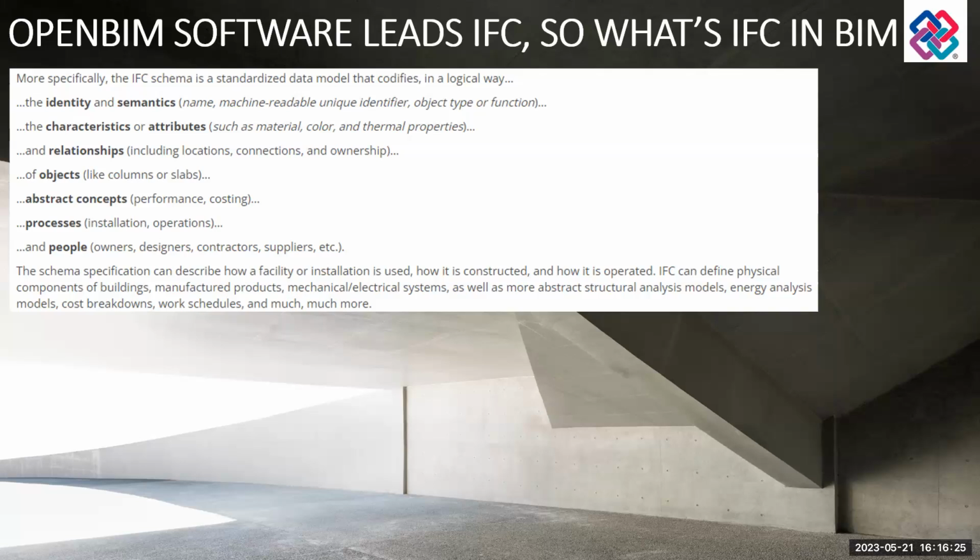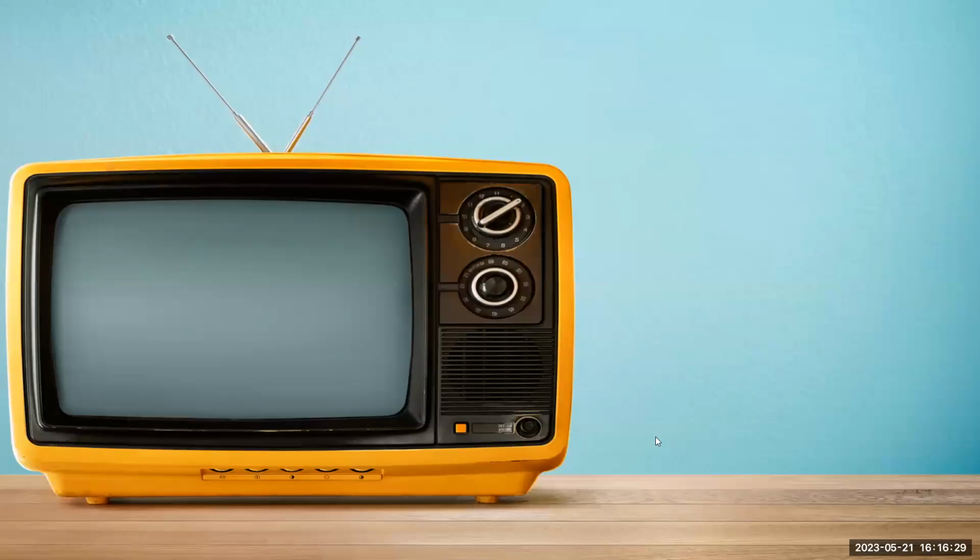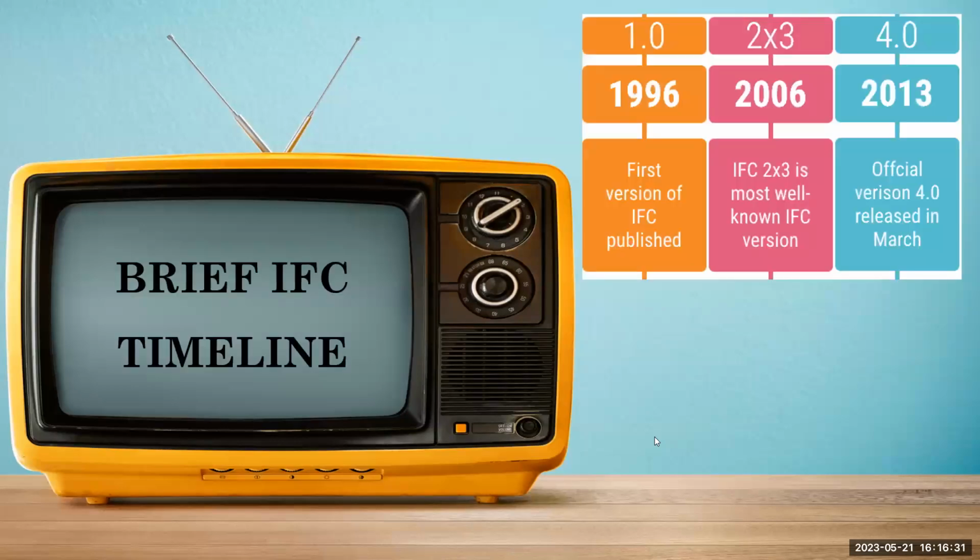Okay, next, here we go, a brief IFC timeline. In 1996, the first version of IFC was published, aptly called IFC 1.0. In 2006, it marks the most well-known version of the IFC. It's called IFC 2x3, whatever you want to pronounce it.